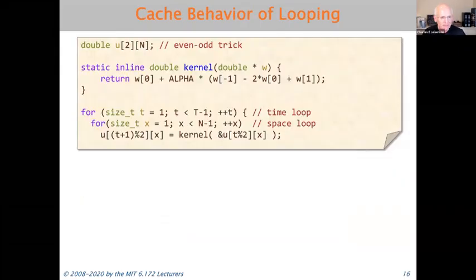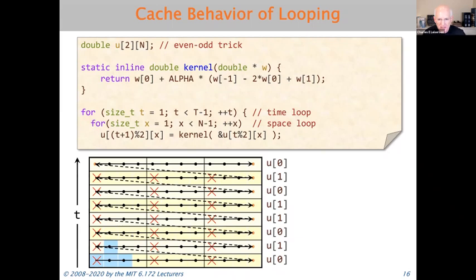So let's take a look at the code. Here's the code again. The slow moving dimension is T and the fast moving dimension is X, as we mentioned. This code looks pretty good. The accesses are contiguous in the fast moving dimension, which means the code should vectorize and prefetch well. Should be great. But let's look at the cache behavior.